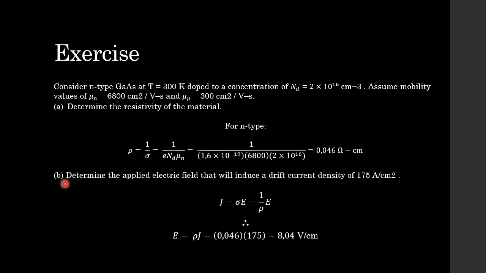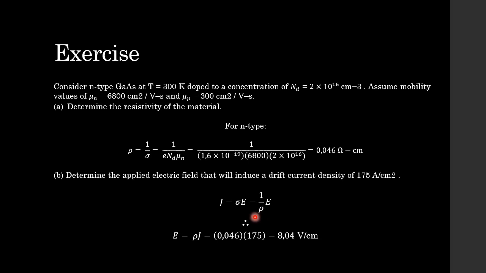Second part of this exercise, determine the applied electric field that will induce a drift current density of 175 amps per cm squared. Take our equation and we replace conductivity with 1 over resistivity.